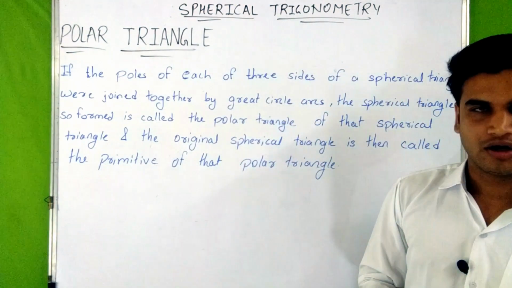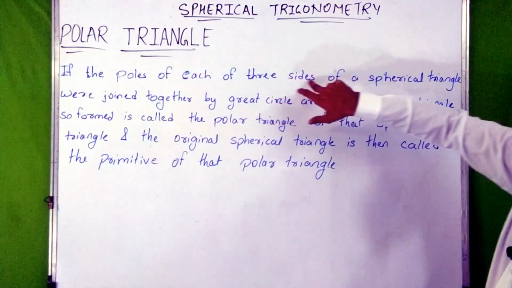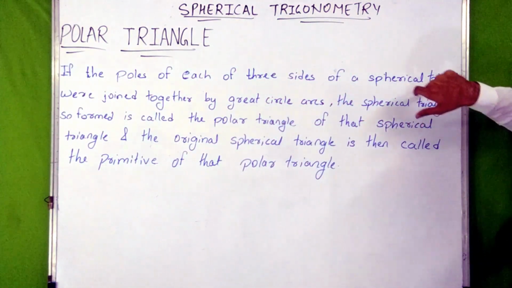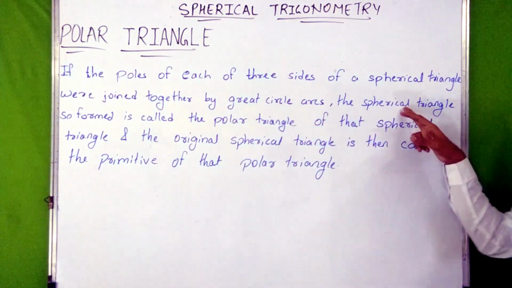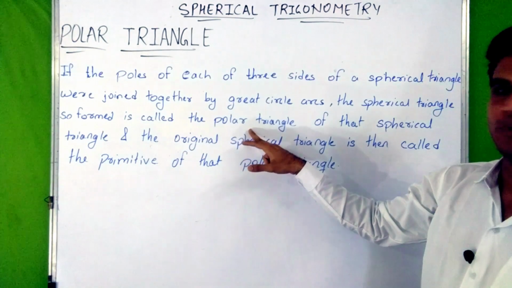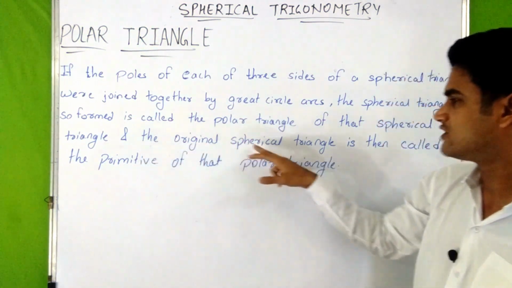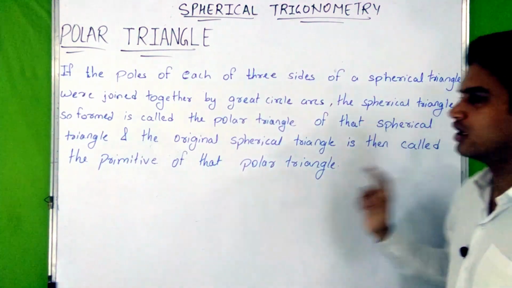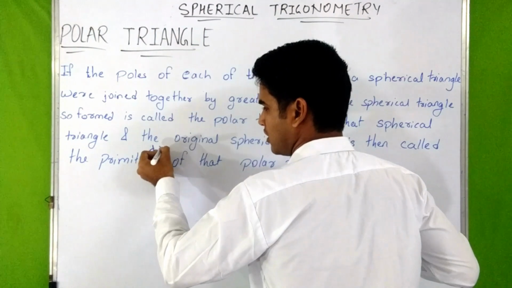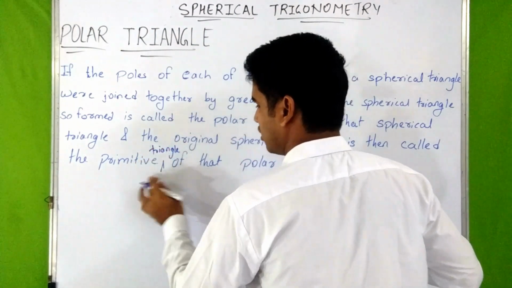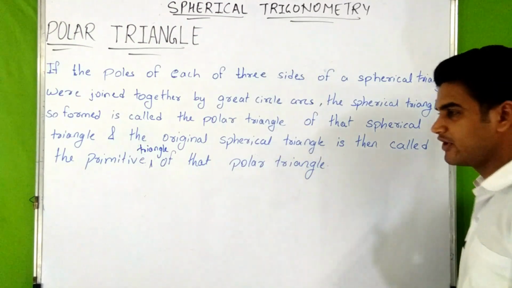For a polar triangle, if the poles of each of the three sides of a spherical triangle are joined together by great circle arcs, the spherical triangle so formed is called the polar triangle of that spherical triangle, and the original spherical triangle is then called the primitive triangle of that polar triangle.